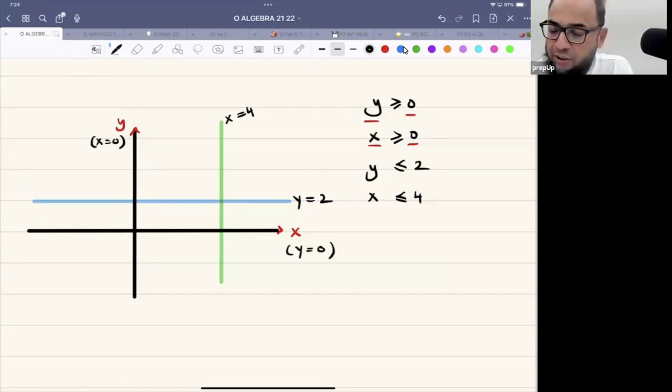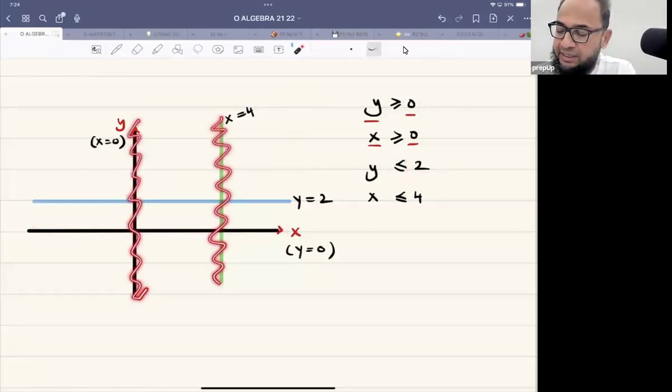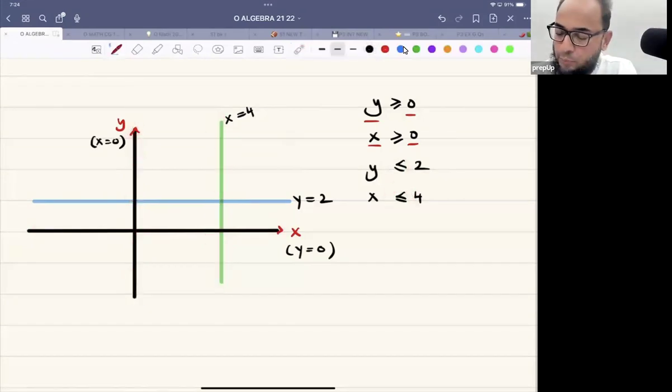Now, which is the required region? Think about it. It's above this line. It's below this line. So it's stuck between these two lines. It's to the right of the y-axis. It's to the left of the line x is equals to 4. Less is left. That means the required region is this region R, and the unwanted regions are shaded.